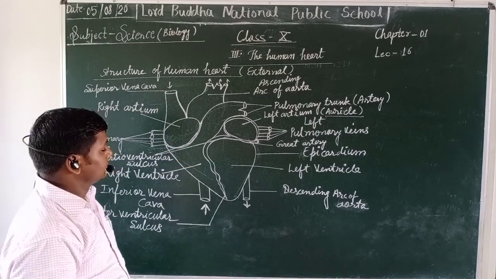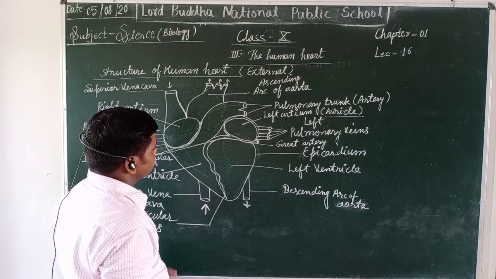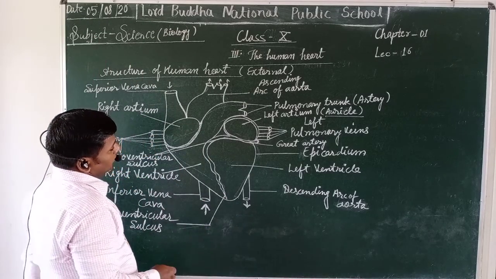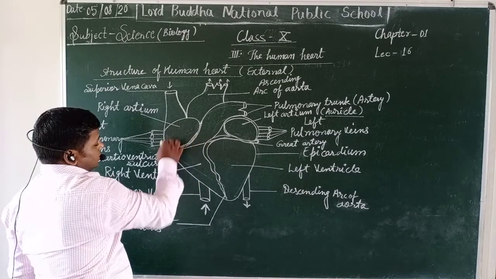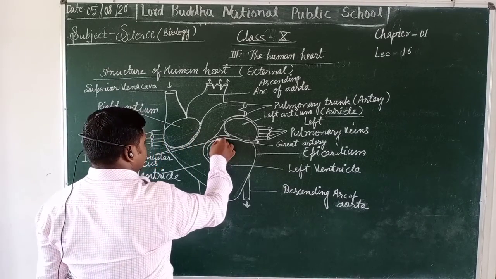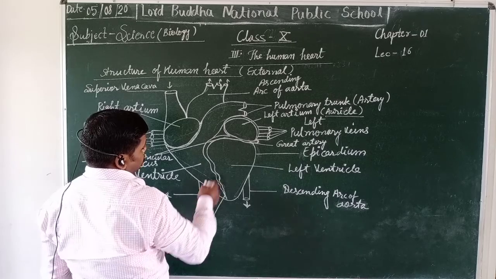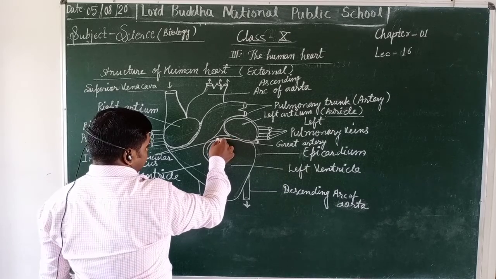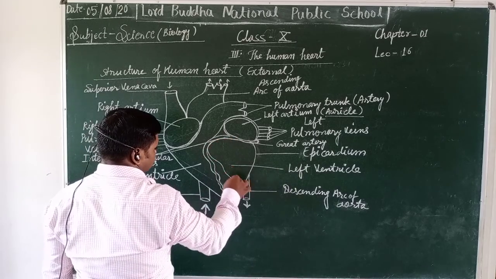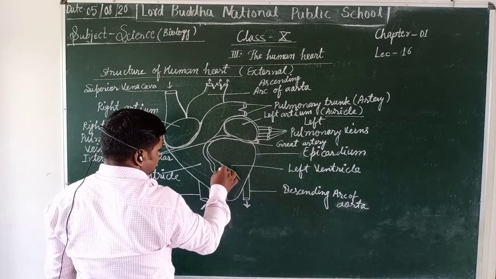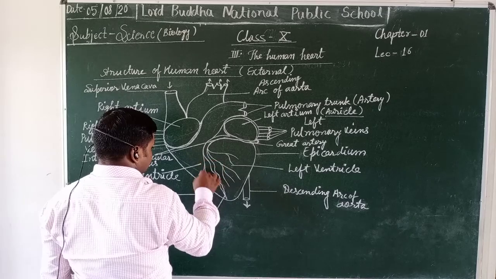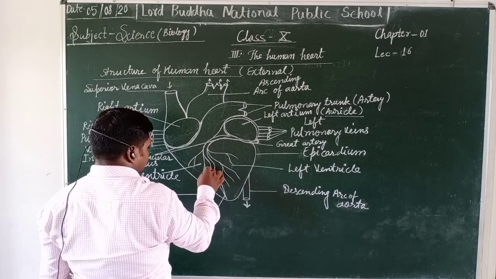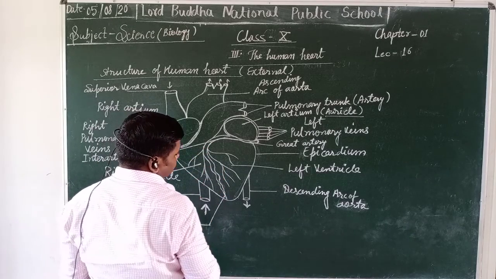Now, once again, students, we are going to know about the external structure of the human heart. Besides it, the human heart is richly covered by the blood vessels like this.